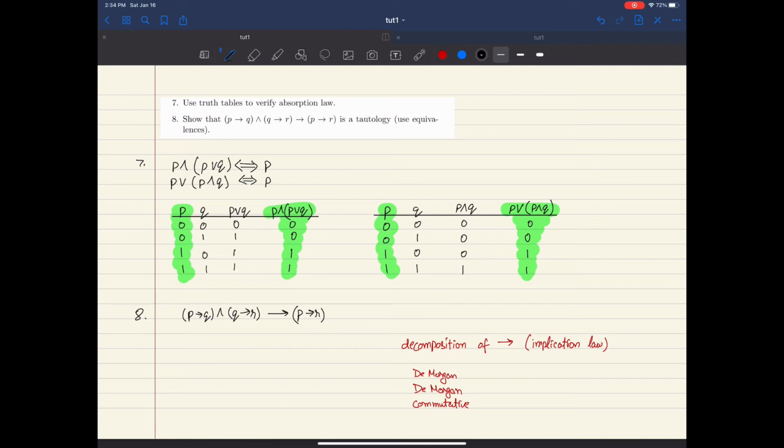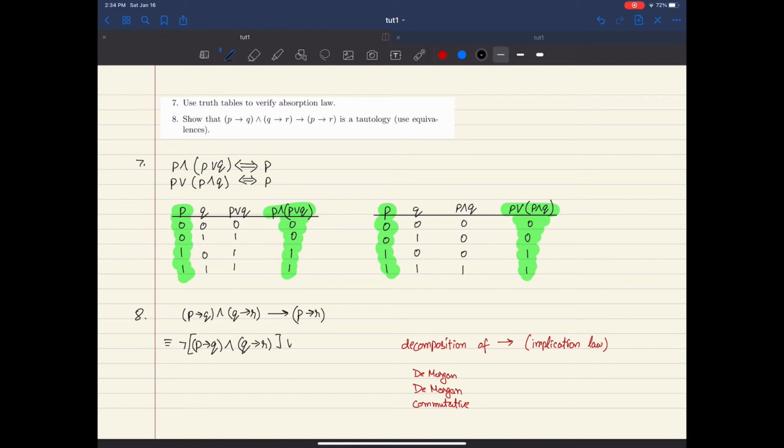For question 8, we have: show that (P implies Q) and (Q implies R) implies (P implies R) is a tautology. Now you can show this with a truth table, but here we are to use equivalences. So here we'll start off with the implication law, which will decompose all the implications.